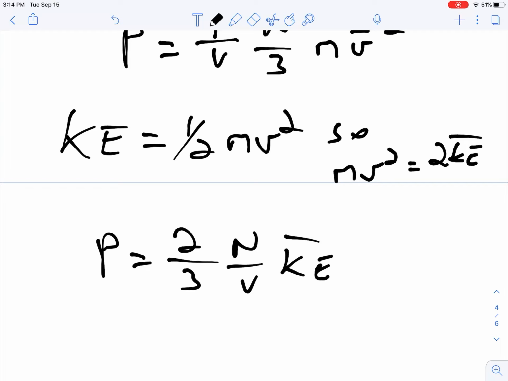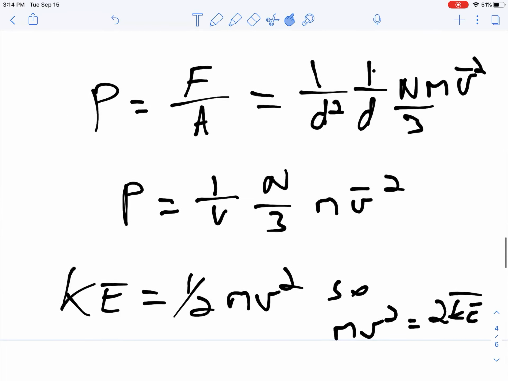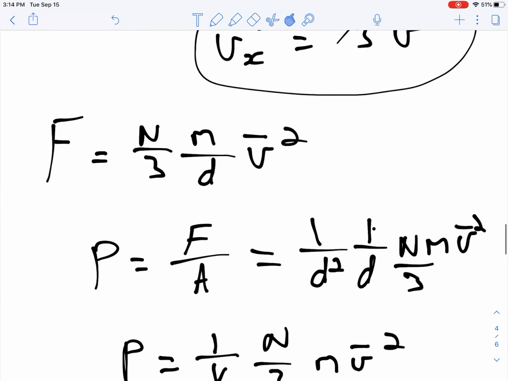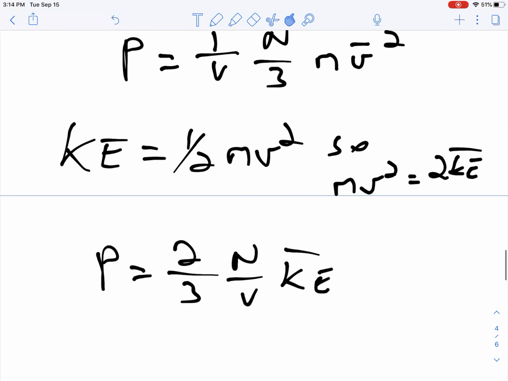Why is it average kinetic energy? Well, remember, this is in terms of average velocity here, average velocity there. So if I'm substituting in, average velocity means average kinetic energy.